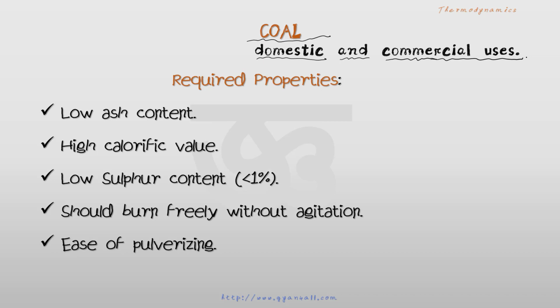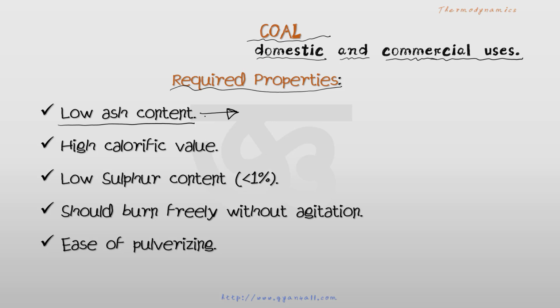So what should be the properties of a coal that is required to be used in the commercial sector particularly, and also in the domestic sector? If we burn coal, it should have low ash content. After burning, generally all solid fuels produce some ash. If the amount of ash produced is very much, then it is not considered a good quality solid fuel or good quality coal.